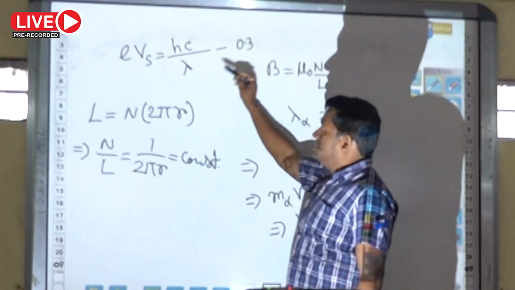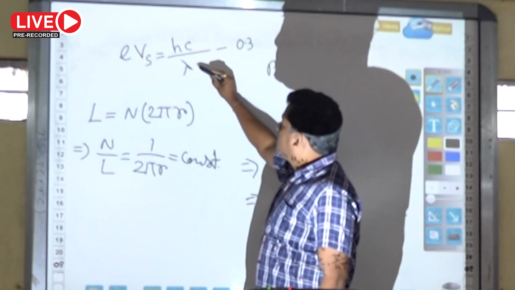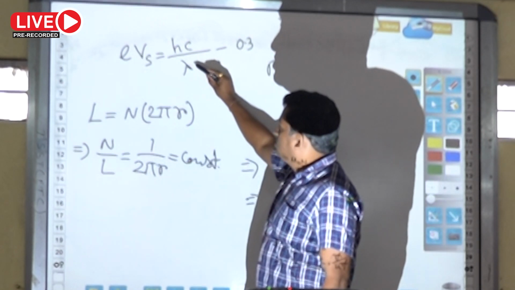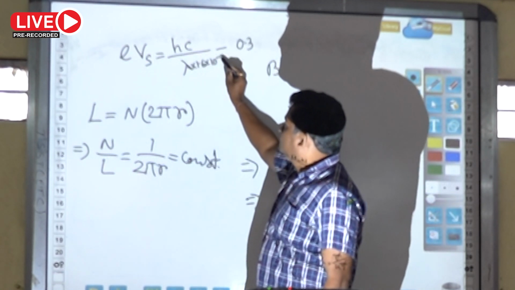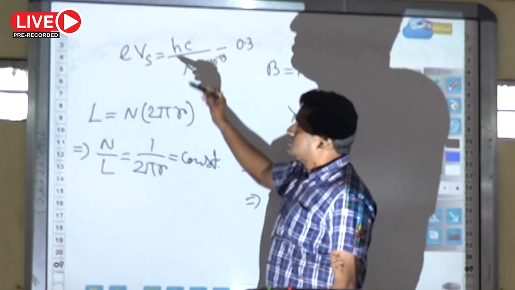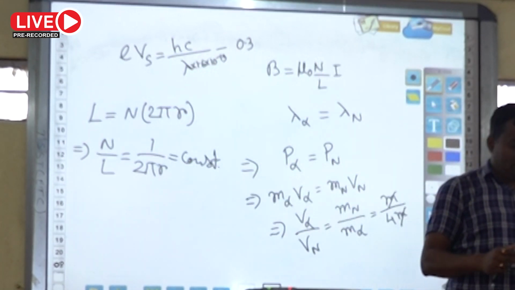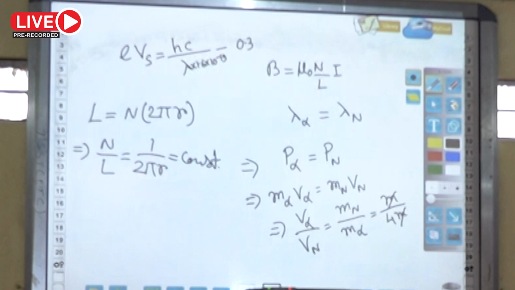So you have to divide this by e, such that it will come in electron volt unit. Then put the value of lambda in meter, then you can calculate the stopping potential.